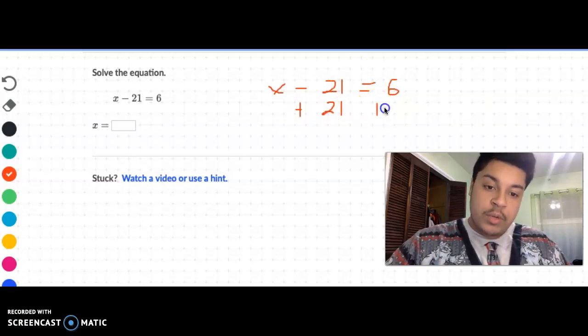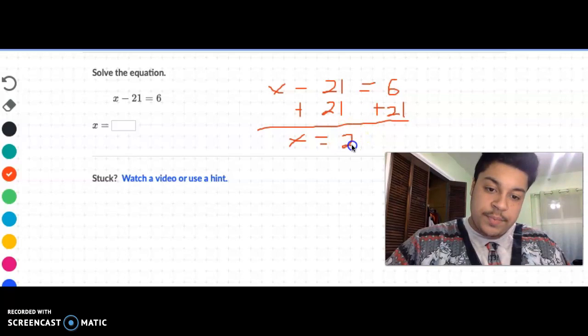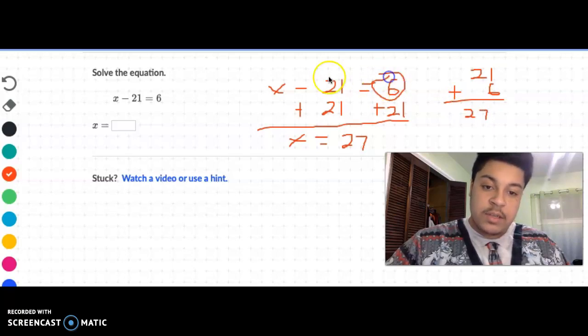So you're going to add 21 to 6. You're left with x and the equal sign. So then you're going to do 21 plus 6, which is 27. Another way you can do this is 21 plus 6 is 27, and to get those numbers, I got 6 and 21 right here.